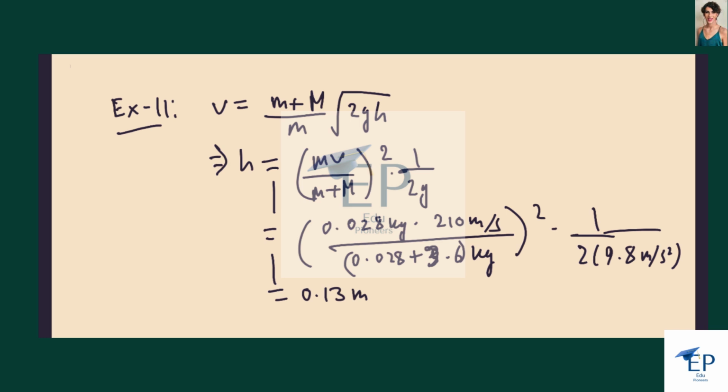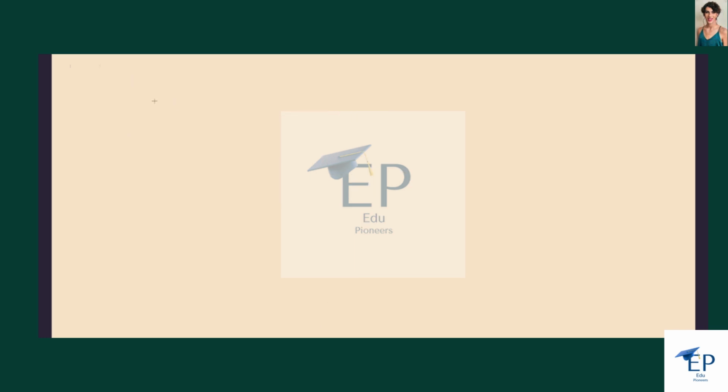So let me draw out the scenario for what we have so far. Here's where the pendulum swings from, and this is the entire length of the pendulum, L. It swings up to here, so this is also L. Let me just erase this part to make it look more even.